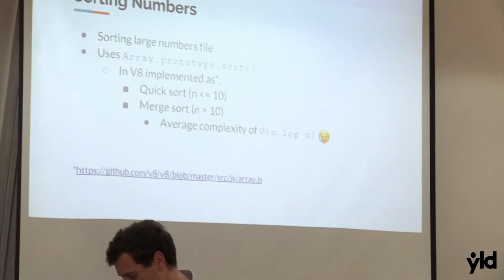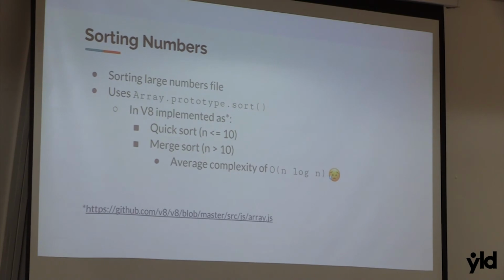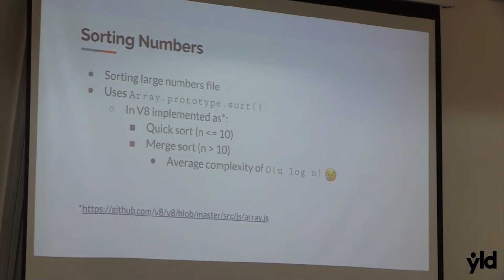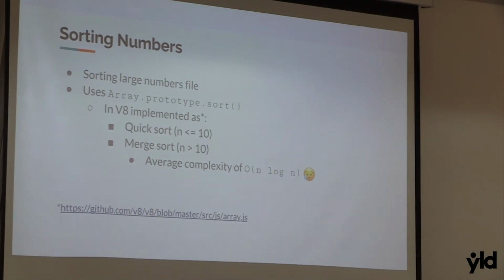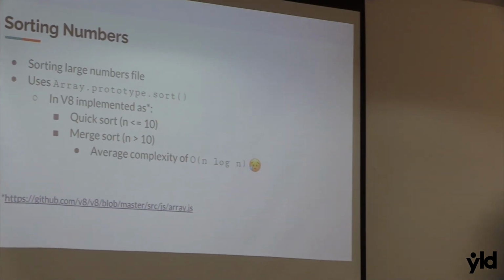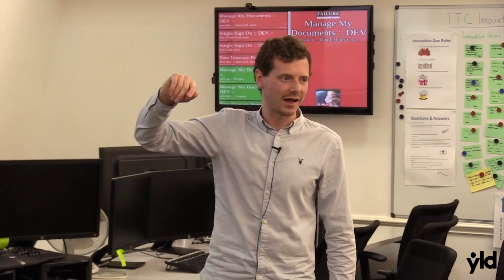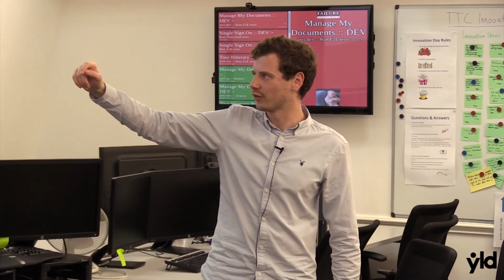The first one is sorting numbers, so perhaps not a real-world example per se, although you might be using Node to do some data processing. This child process is the one I showed you previously. Because it can just process JSON files, I have one in particular that's 10 megabytes in size, a 10 megabyte array filled with numbers, and it uses Array.prototype.sort.